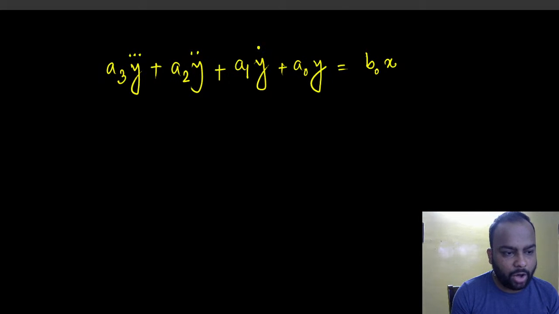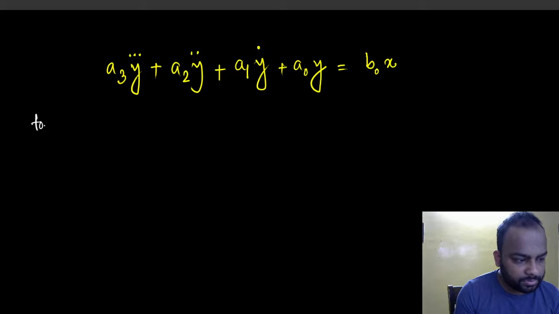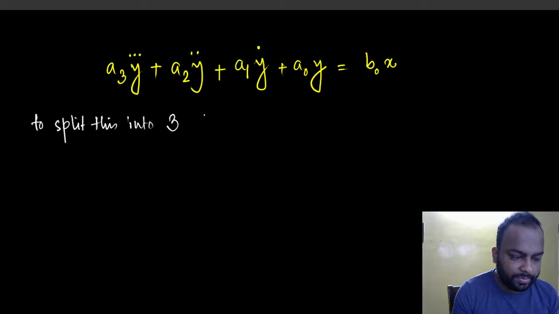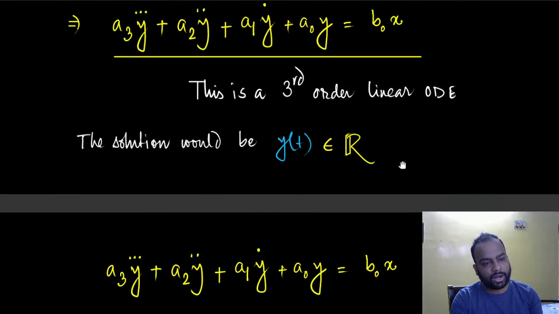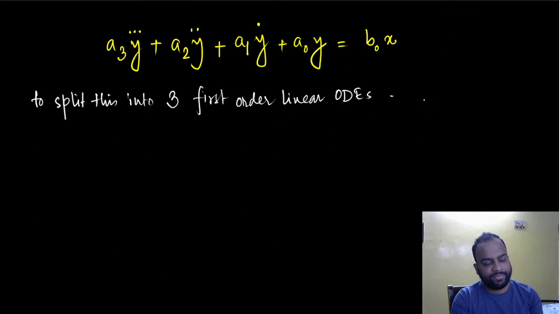So the objective is now to reduce, or rather split, this into 3 first order linear ODEs. Now this was a single third order ordinary differential equation. The objective right now is to split this into 3 first order ordinary differential equations.